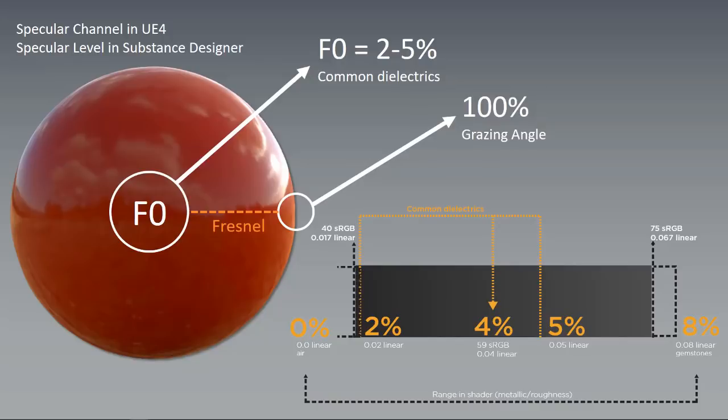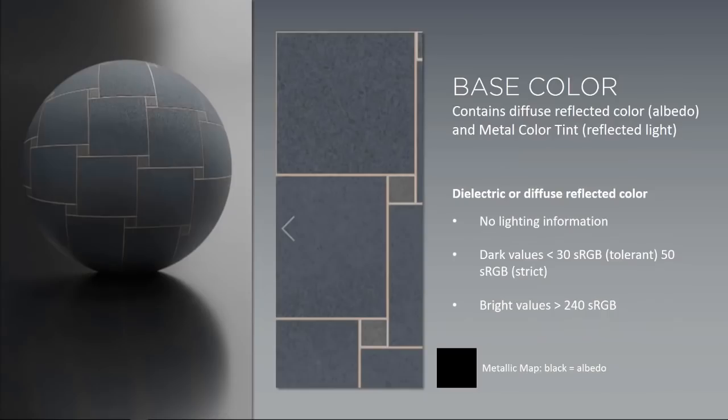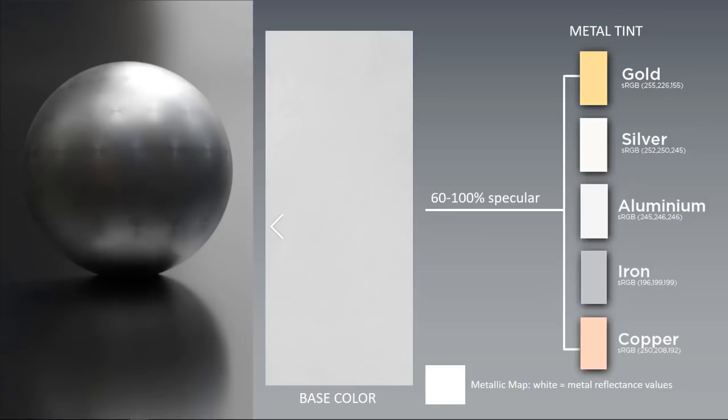So the metal base color, going back a little bit to the first slide, will also indicate these values here. At F0, that's what these values are. This value will indicate the color and how much reflection happens there. This is what we're looking at here with this metallic map.